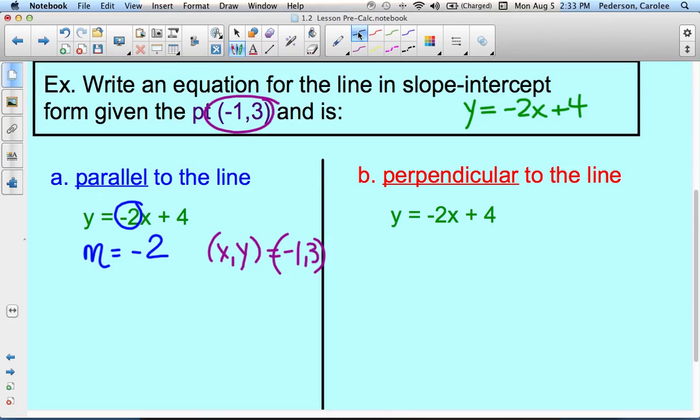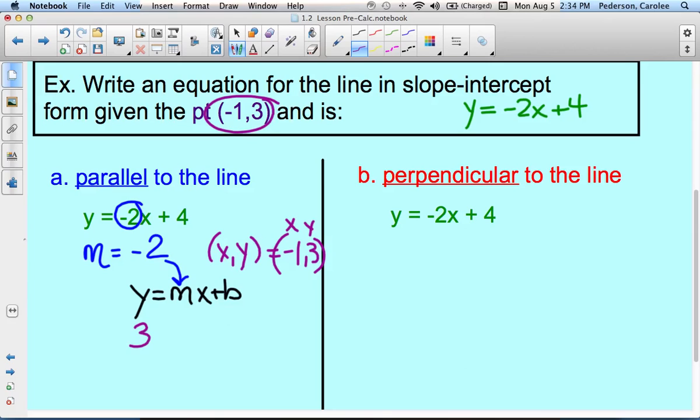Now remember, y equals mx plus b is slope-intercept form. We know the slope is negative 2, but we're missing the y-intercept. So what we can do is replace the x and the y in the black with this x and this y.